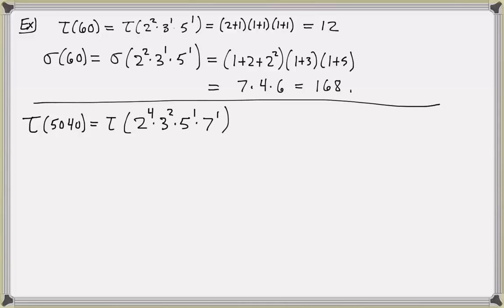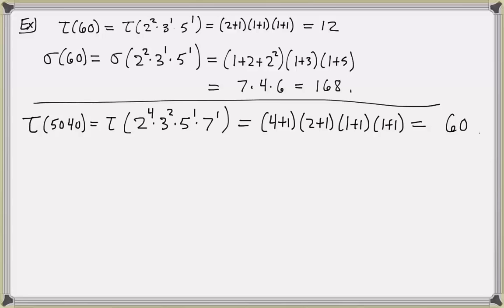So this will equal 4 plus 1 times 2 plus 1 times 1 plus 1 times 1 plus 1, which is 5 times 3 times 2 times 2, or 60. So 5040 has 60 positive divisors.